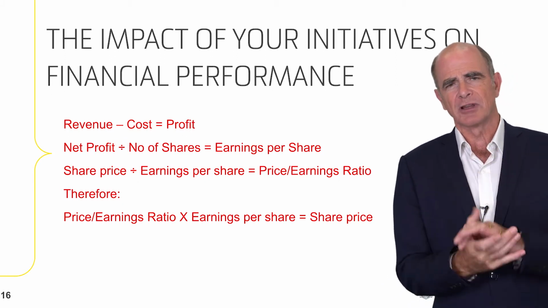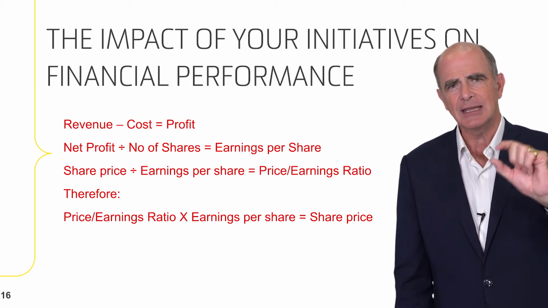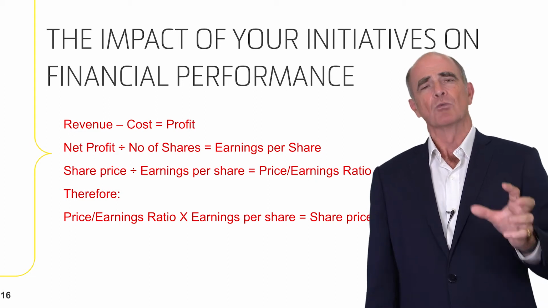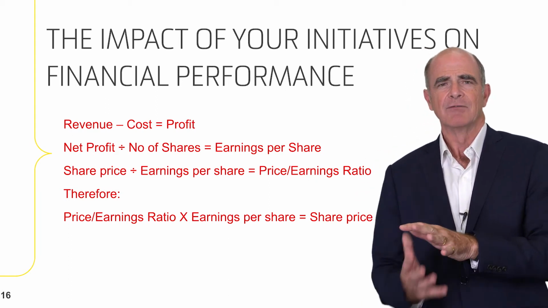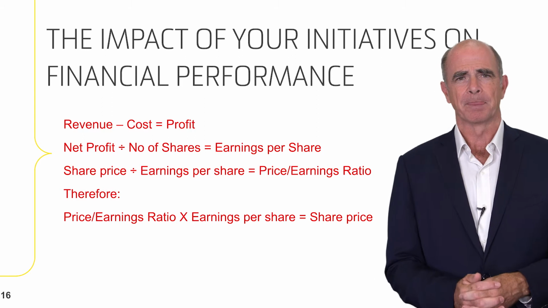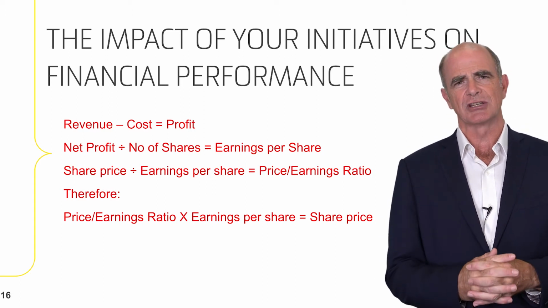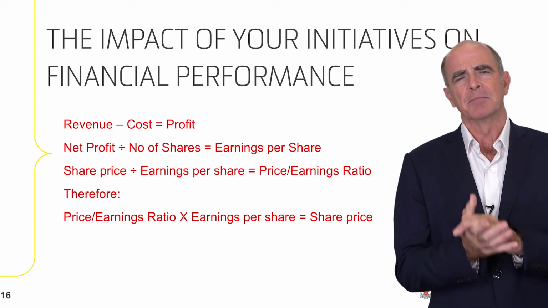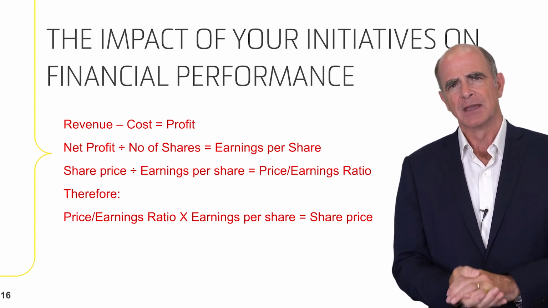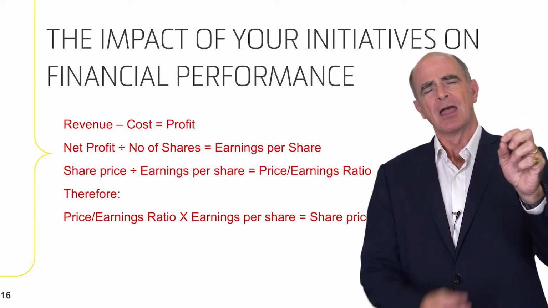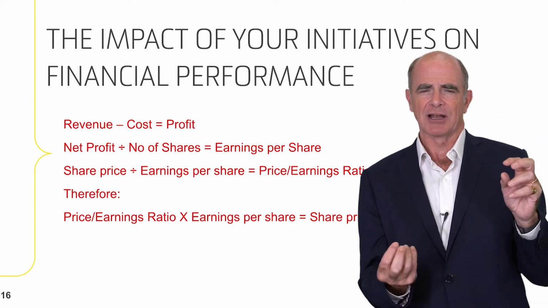So we don't need to go through all the maths here, but you can just see that if we can increase the earnings, our PE ratio basically stays the same, we will be increasing the share price. Very simple maths that connects it all. I'd really encourage you as you're going through your project, as you're going through your initiatives, to try and draw that line, particularly for a quoted organization. Basically, what is the impact of our project on that profit, and what does this now mean to the share price?